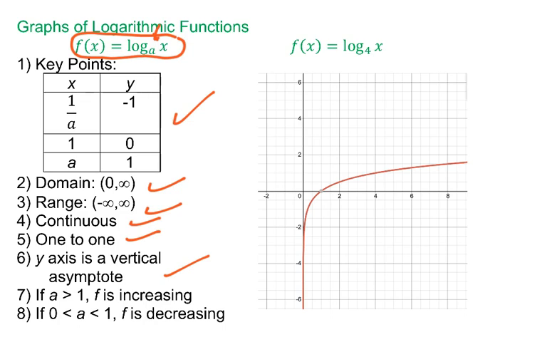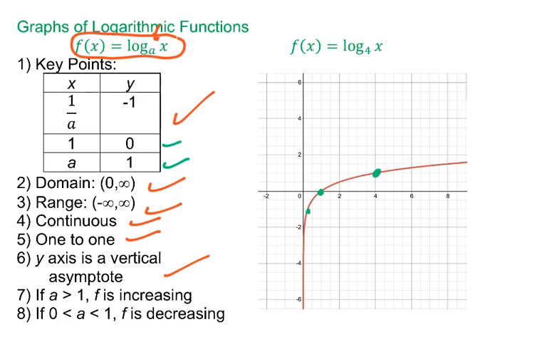So just quickly here, on the right part of this slide, there's a graph of the function defined by f of x equal log base 4 of x. Let's take a look at these key points, for example. The point 1, 0 is clearly on the graph. We can also see that the point 4, 1 is on the graph. That would be this one and this one. And 1/4, negative 1, that would be right about here.